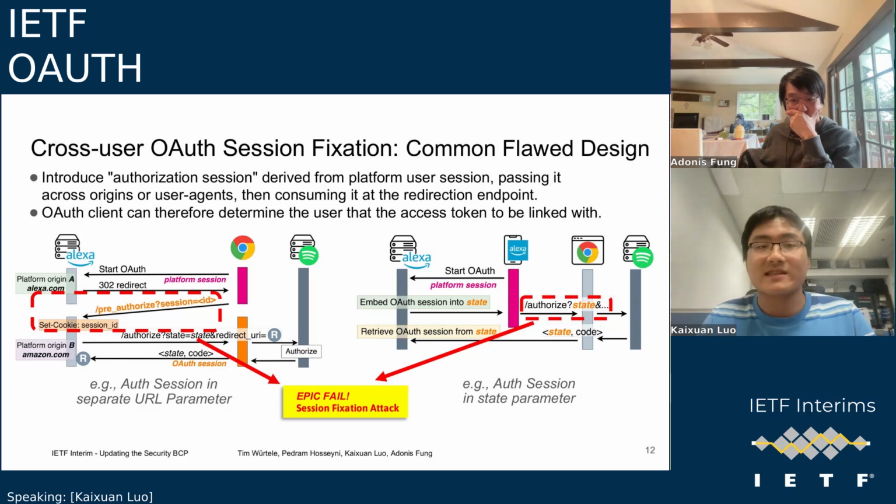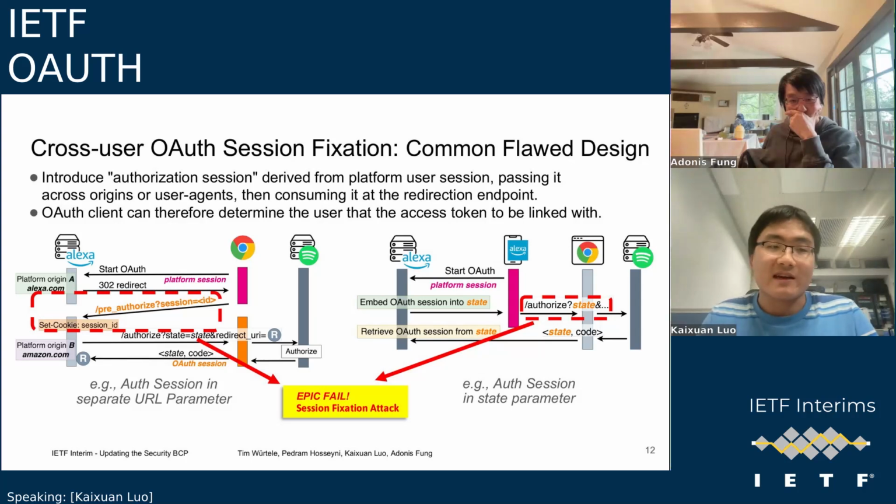In particular, the authorization session or OAuth session is derived from the platform user session, but it would be passed across the origins and user agents, and then the platform origin B, or the redirection endpoint, can consume it. In this way, the OAuth client can determine the user that the access token should be linked to. And we see two common designs here.